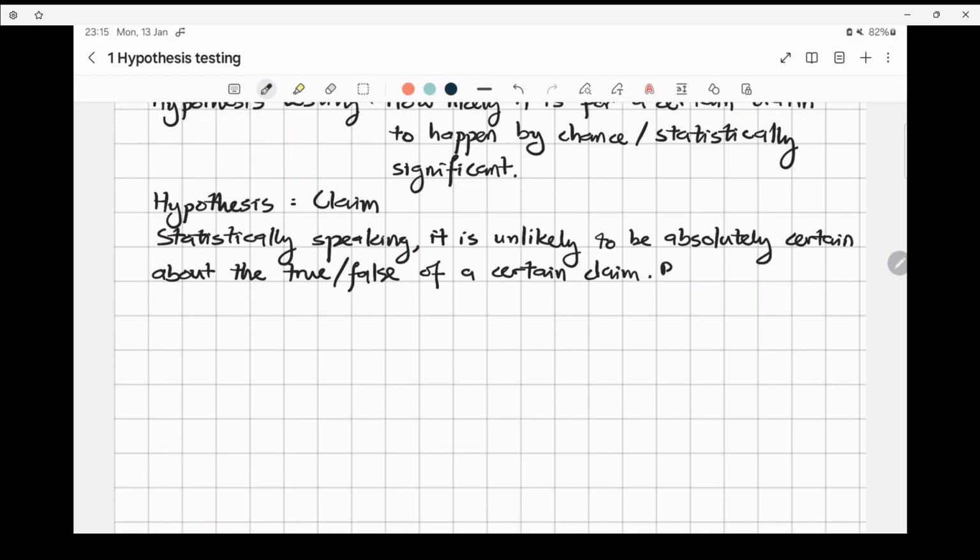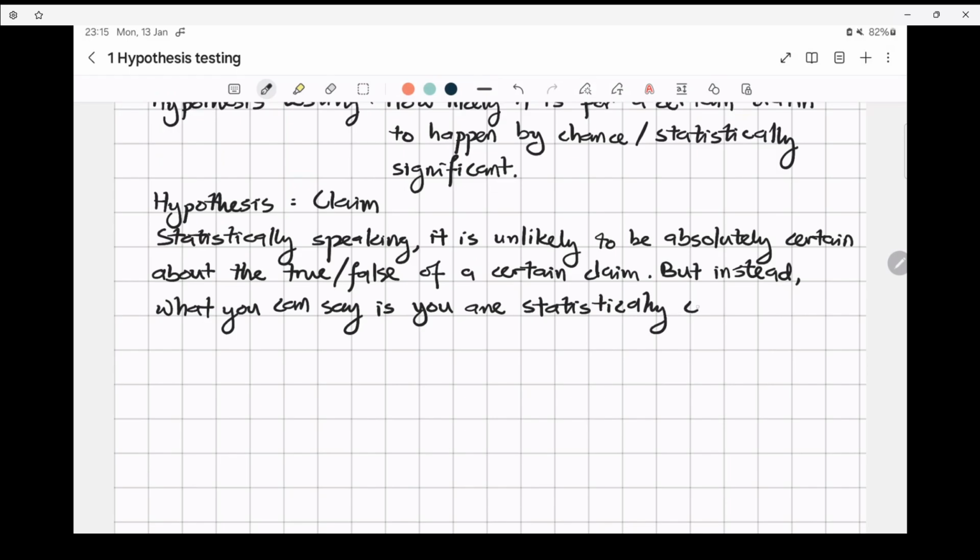Instead, what you can say is that you are statistically confident that a certain claim should be rejected or accepted.